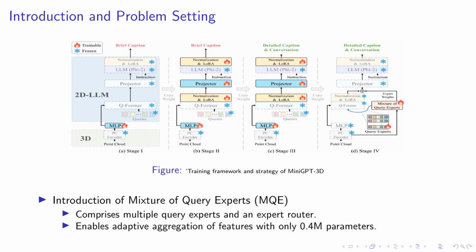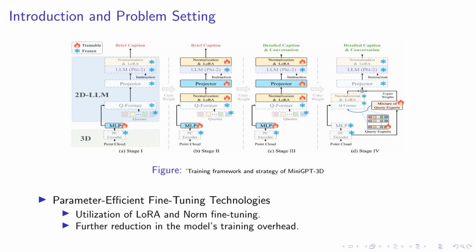What's remarkable is that this is achieved with only 0.4 million parameters, demonstrating the efficiency of our approach. This innovative feature of MiniGPT-3D allows it to adapt and respond to complex instructions, making it a powerful tool in 3D language knowledge comprehension.